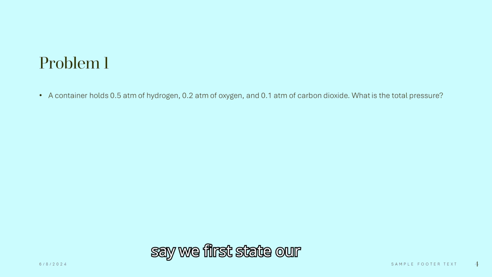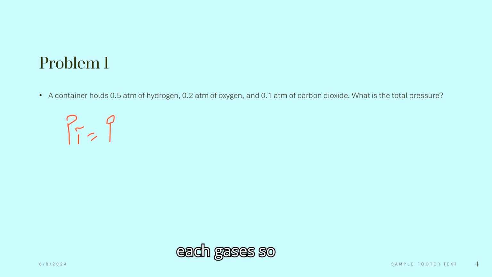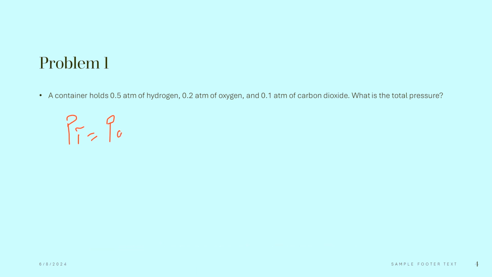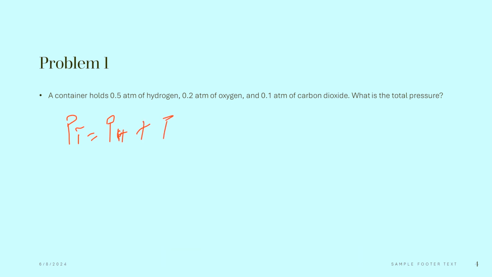So let's first state our Dalton's law. The total pressure should be equal to the sum of partial pressures of each gas. So the partial pressure of hydrogen here plus the partial pressure of oxygen gas plus the partial pressure of CO2 here.